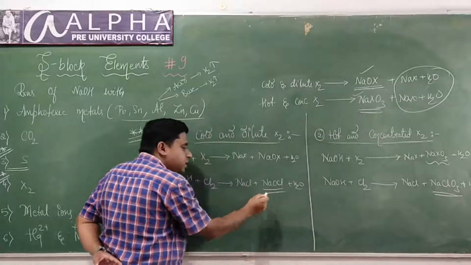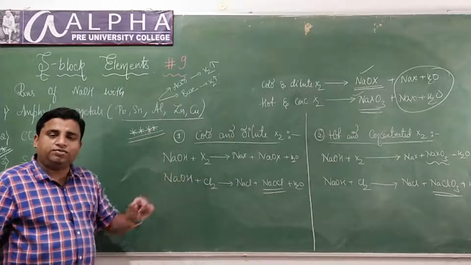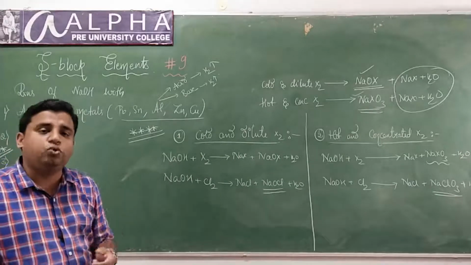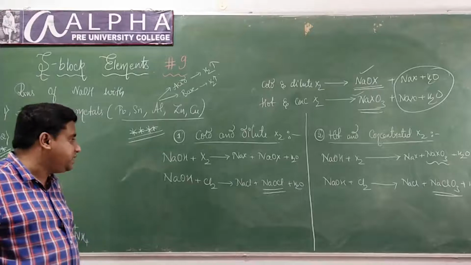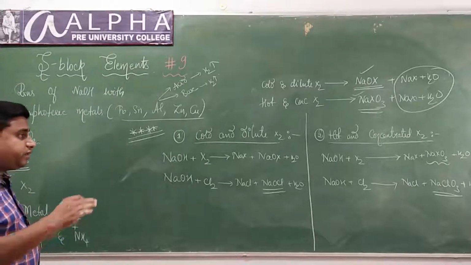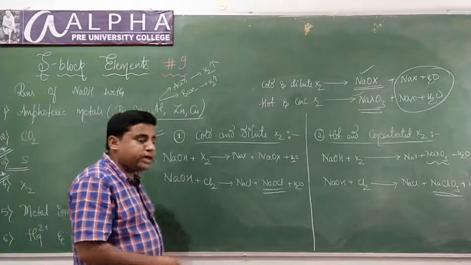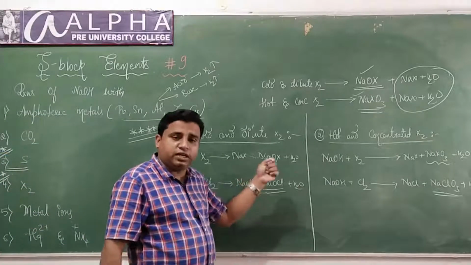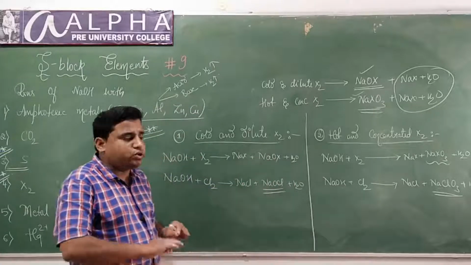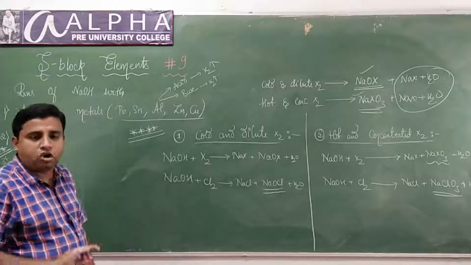But the reaction proceeds in a different way when sodium hydroxide reacts with fluorine. There is a difference again. I want you to stress more on these reactions, as many times as you can, because there are a lot of concepts here.